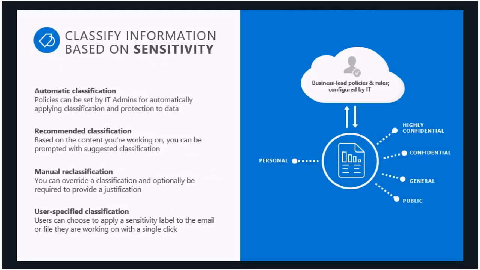Then the whole notion of a taxonomy comes in, which basically means that you can give users the ability to recommend their own labels to the subsystem. So not only do we give you a robust way of implementing classification through a manual and automated manner, and we can recommend labels for you as well, we also give users the ability to change labels in documents, provide a justification, and then recommend new labels that should be added to the taxonomy of the organization as well.